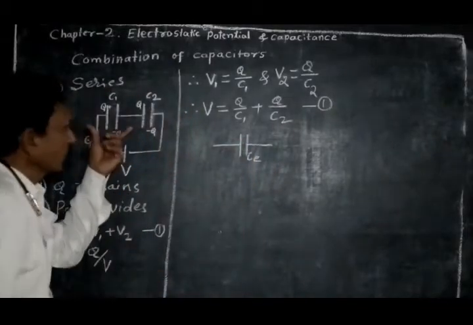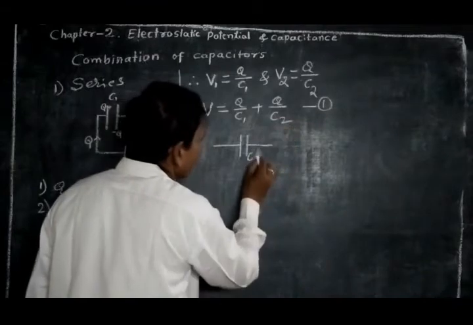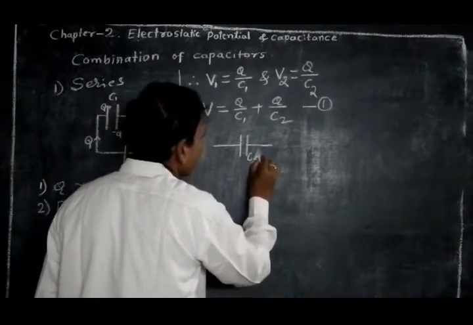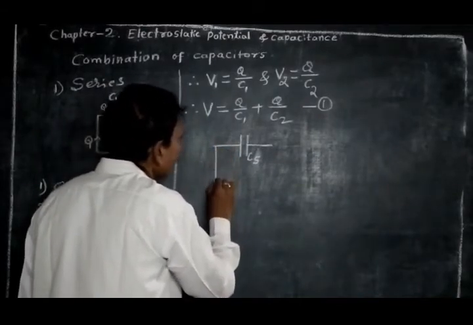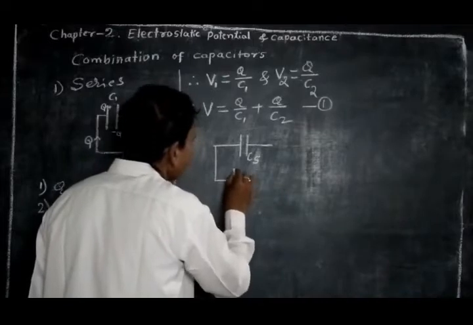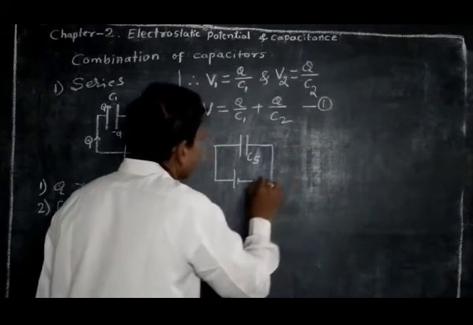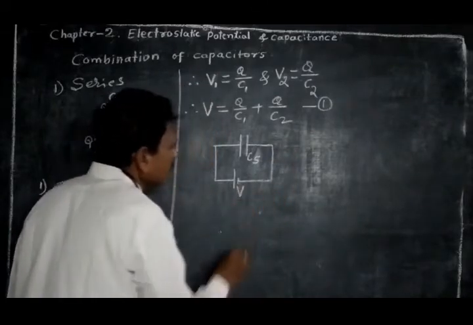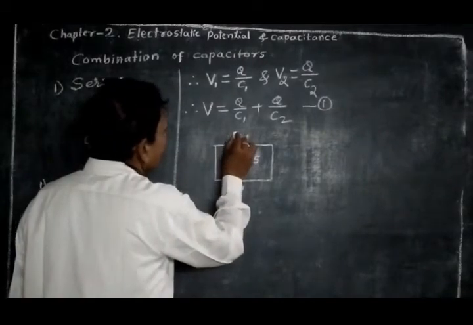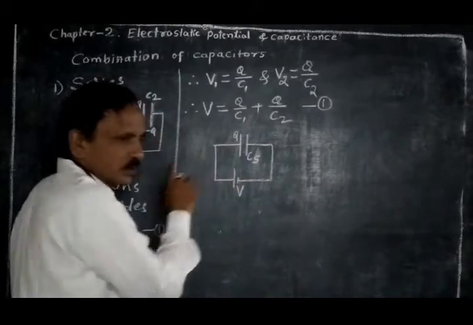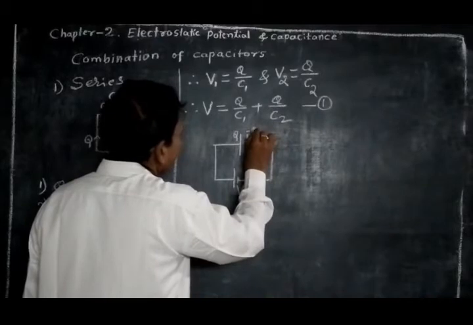If this equivalent capacitor is connected across the same potential difference V, then the charge stored by this capacitor is plus Q on the first plate and minus Q on the second plate.